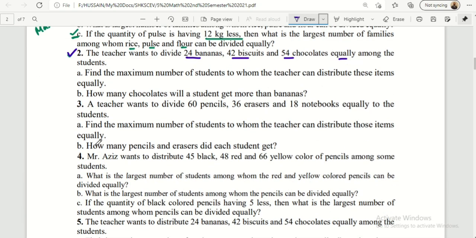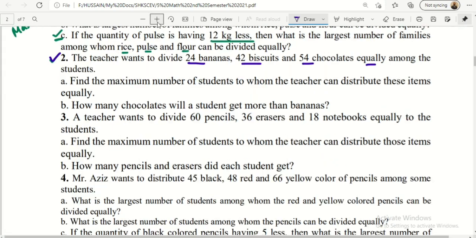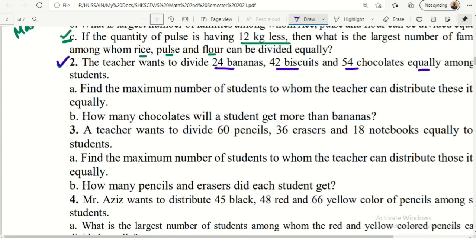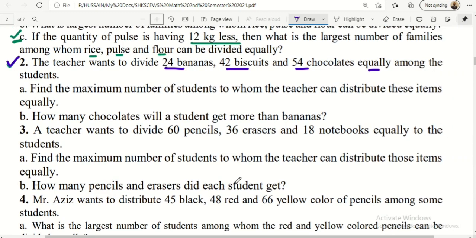Question number 2. Again, you just see, I can give you the zoom format. Alright. The teacher wants to divide 24 bananas, 42 biscuits and 54 chocolates equally among the students. Find the maximum number of students to whom the teacher can distribute these items equally.